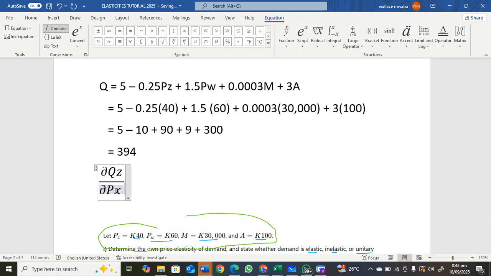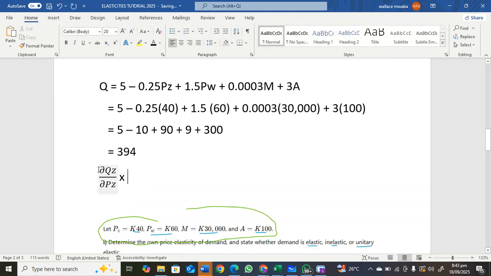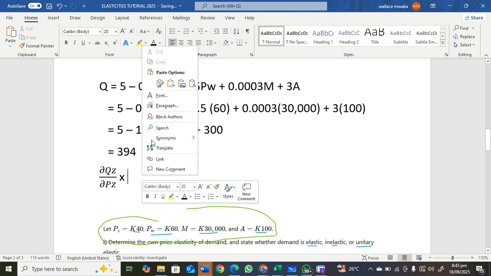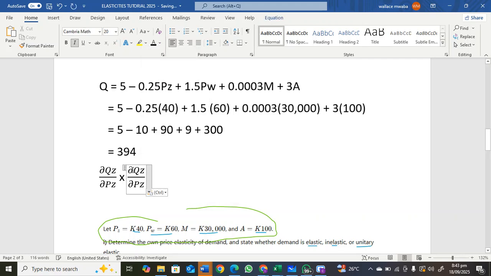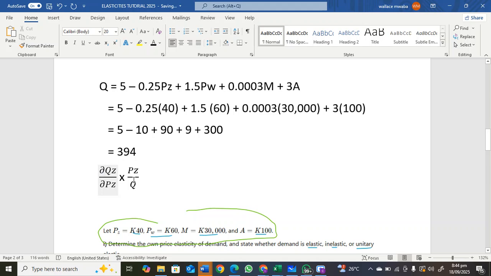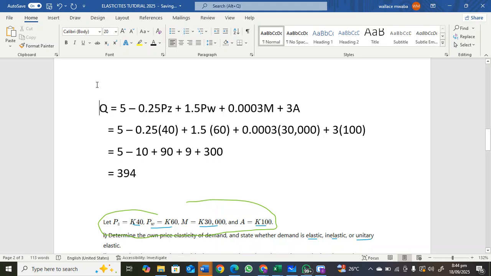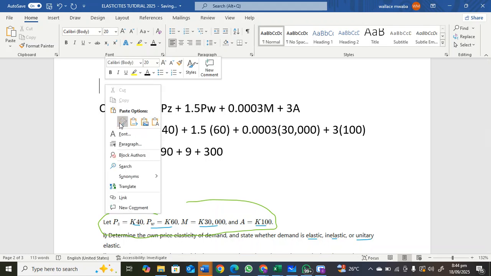With respect to PZ. So when we say partial differentiation, it just means we're going to only focus on one variable in the demand function, which is PZ, okay?